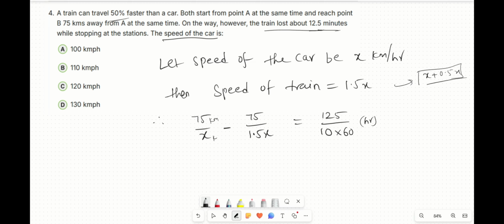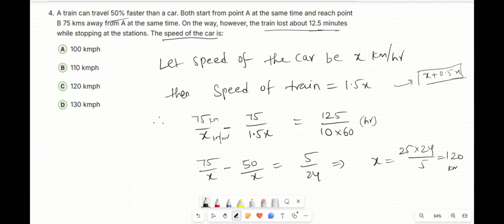Since it is in kilometers, it is in kilometer per hour. We can write it like this: 50 by x equals 5 by 24. Here the value of x equals 25 into 24 by 5, which is 120 kilometer per hour. Option C.